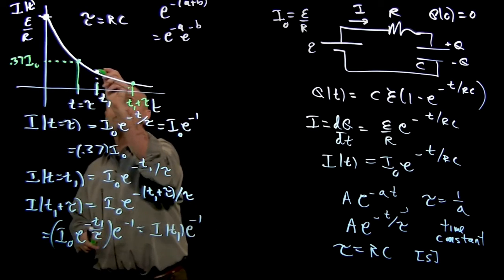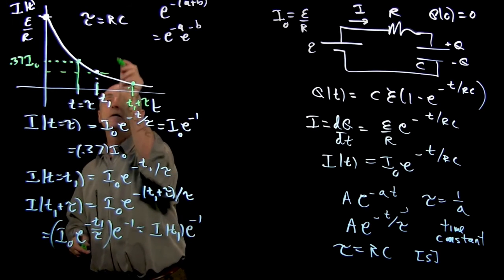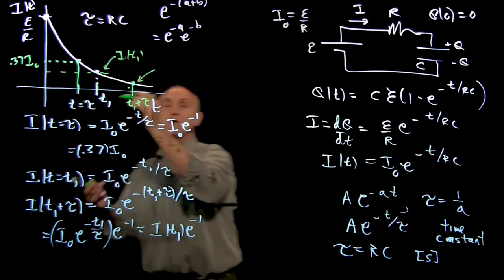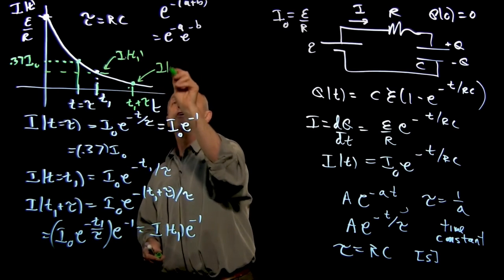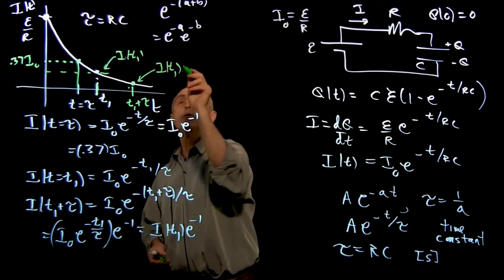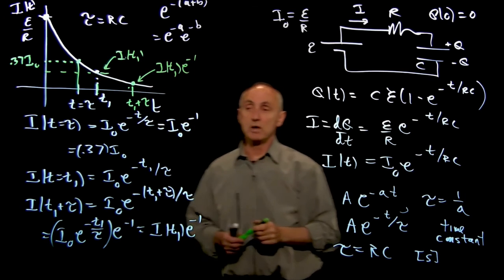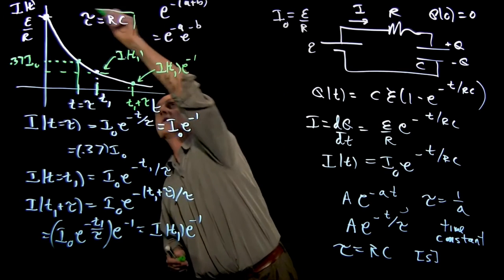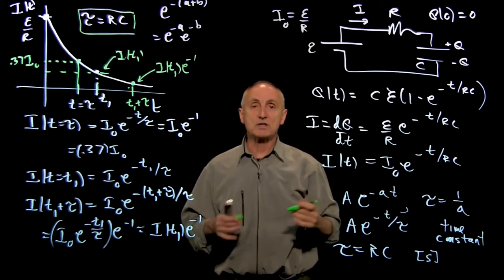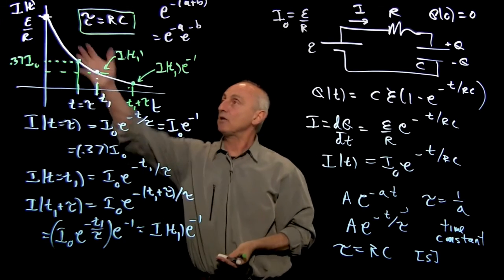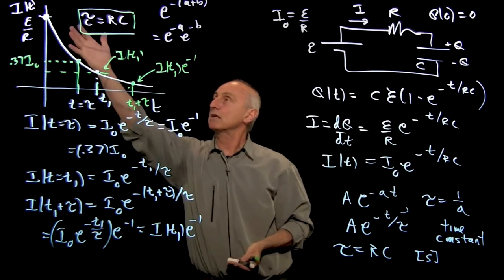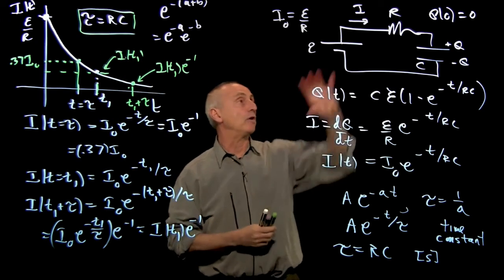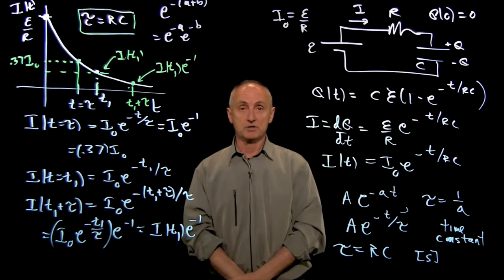And so if this value here is I of t1, then if you wait one time constant later, you have the value that you started with at t1 times e to the minus 1. And that's why, for an exponential function, this quantity is characteristic of exponential decay, and it gives us a qualitative concept of how the current is falling off as we charge up this capacitor.